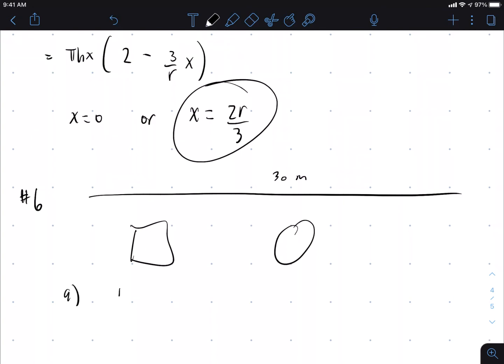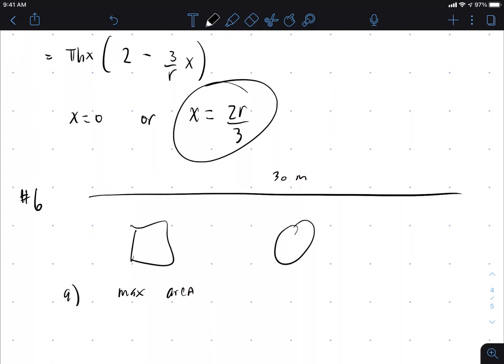So the first one is max area. How much of the square should we have? Well, that is a common sense question, but most people don't have that common sense. The maximum area that you can get, period, is a circle.